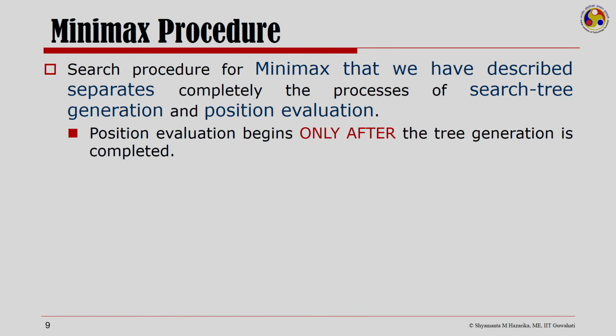Now the search procedure for minimax that we have described up till now separates completely the process of search tree generation and position evaluation. The position evaluation was done only after the tree generation is completed.